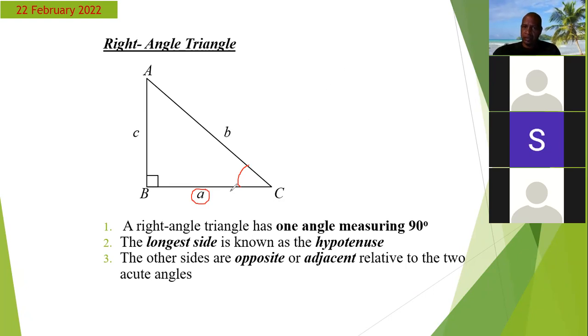Now, the side A is not opposite to the angle C, but as Mr. Lamar said, it is adjacent. If you think of what adjacent really means, it means alongside. A side can be adjacent to any of the non-right angles.